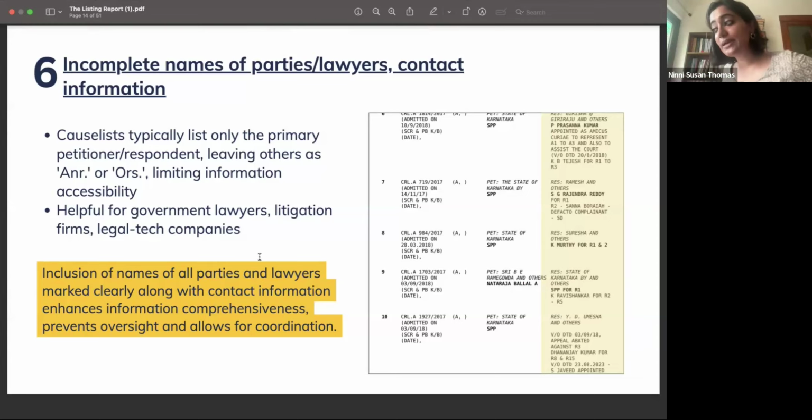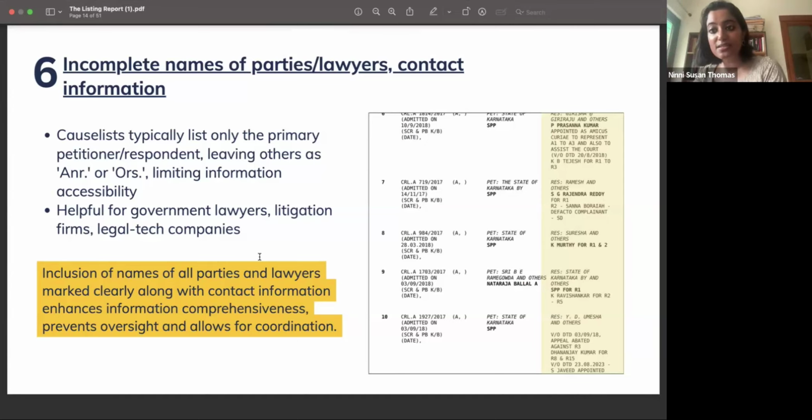This will help technological improvement, like for instance, something like Provakil. If you don't have a case number and you want to search by party name, or if you don't have any of those and you just want to Control F and find with your party name, you will not be able to find it if you're not the first petitioner or the respondent. We've also spoken to government lawyers who told us that this would be very helpful, where if you're representing a state entity, or a state, where you might be respondent number 26, 27, and you're just searching for your name.